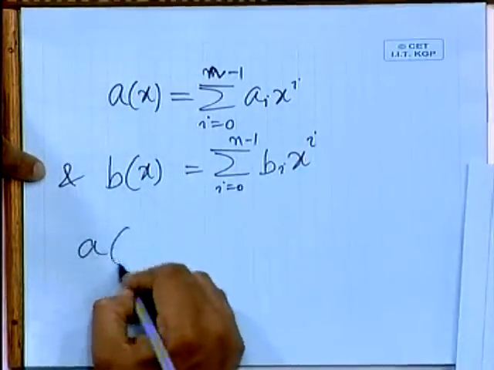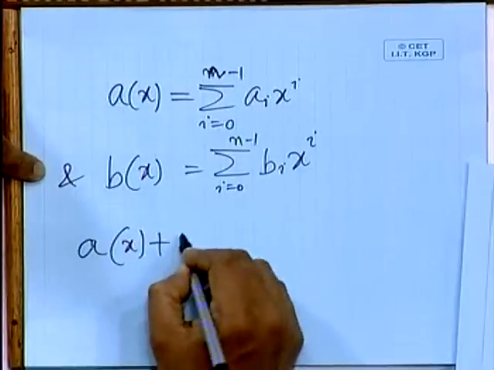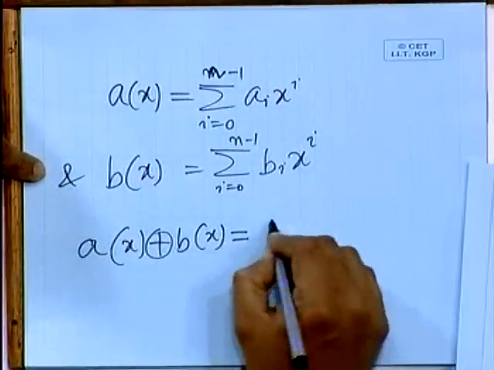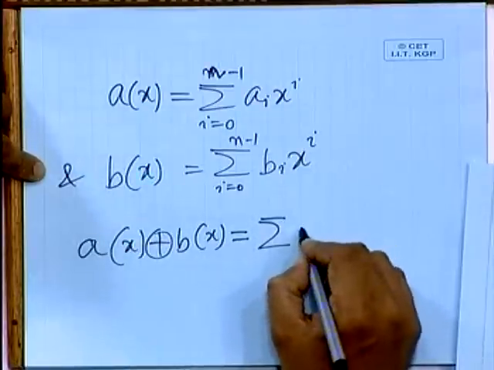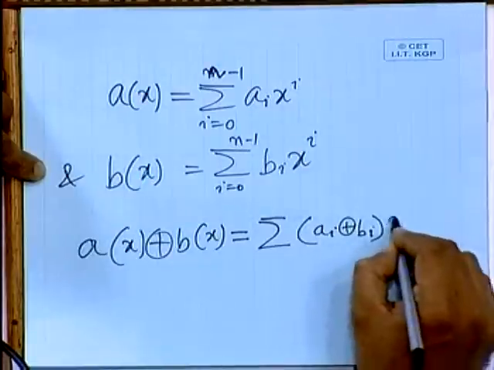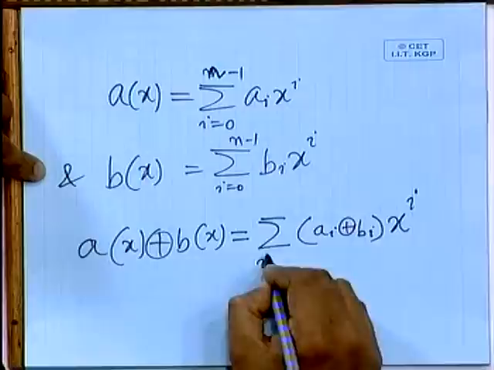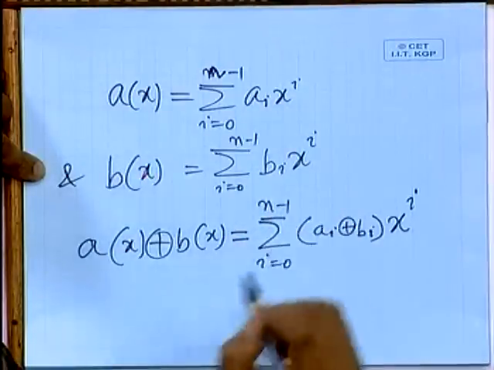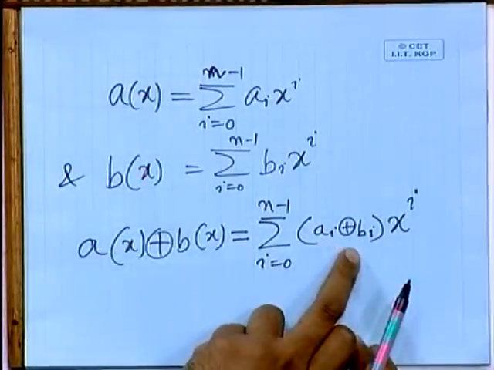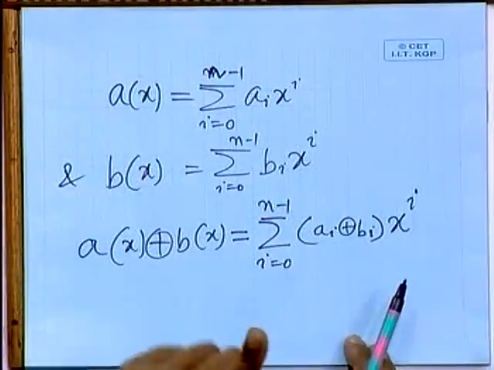When I say I am adding two polynomials a of x and b of x, what I mean is the summation of ai XOR bi times x to the power i, i varying from 0 to n minus 1. That means I am talking about the bit by bit XORing at the same position.